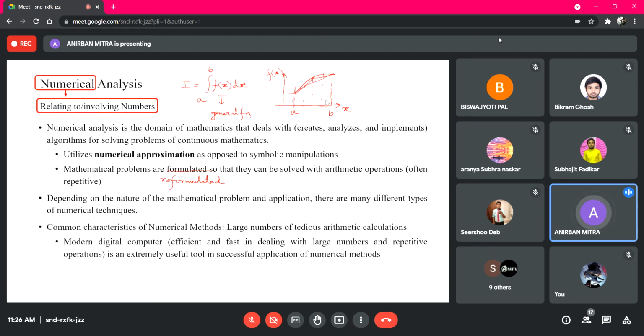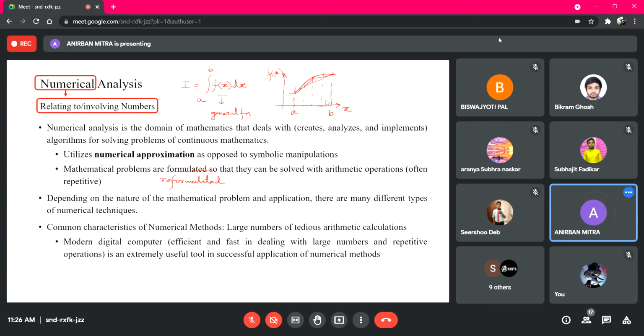But if you can develop an algorithm on the basis of which you can generate a program, and that program is fed to a computer, the computer would be able to do that calculation without any problem within probably 5 or 6 seconds. So that is where the advantage of modern digital computers lies in terms of numerical analysis.